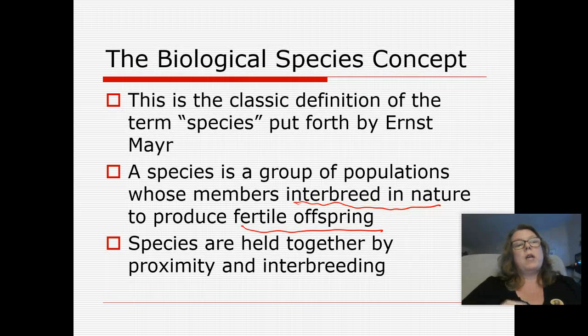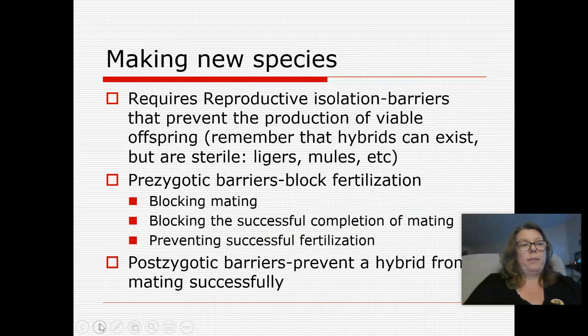So in other words, you have to have individuals that are close together. That's the proximity part. And then that they are close enough that they can interbreed. So species are held together by proximity and interbreeding.